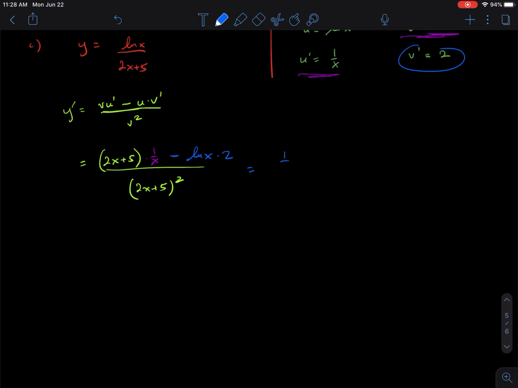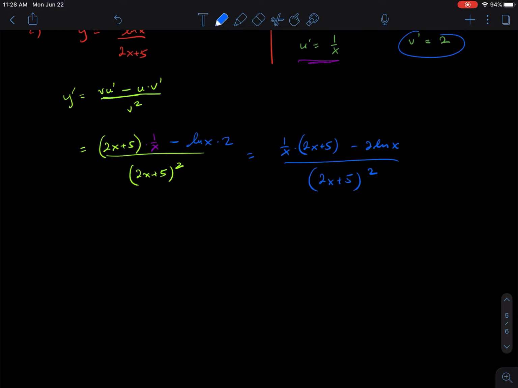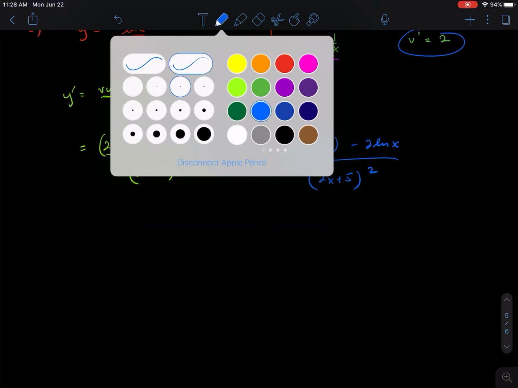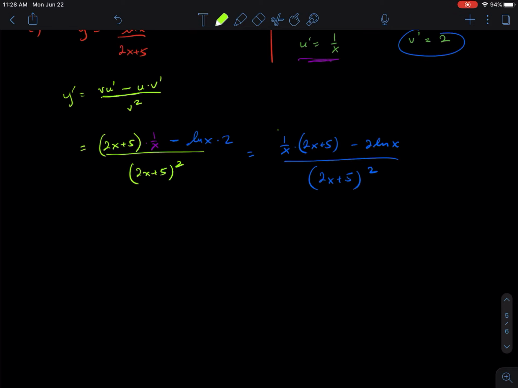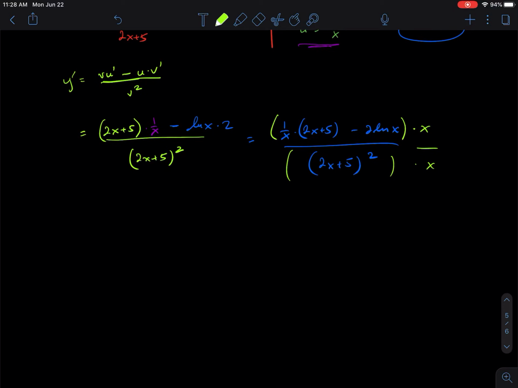Okay, so let's simplify this here. So we have 1 over x times 2x plus 5 minus 2 natural log of x over 2x plus 5. We usually don't leave a fraction within a fraction in a complex fraction situation. So in this case, we want to simplify the numerator. So what we can do is multiply this by x to cancel out the x on the top there, and then we also need to multiply the denominator by x to make sure that we have a factor of 1.